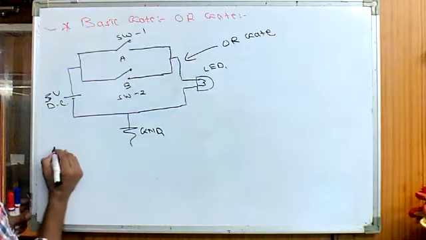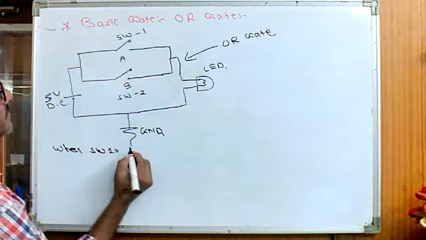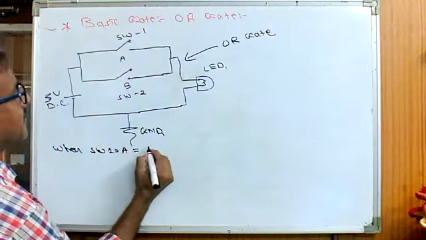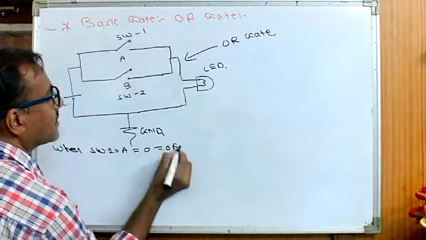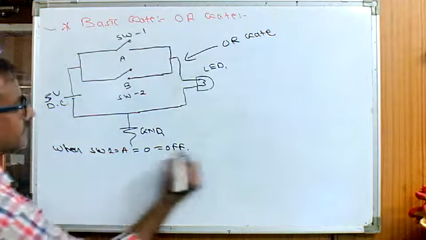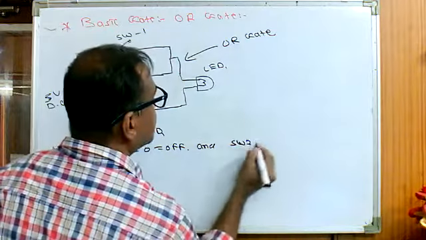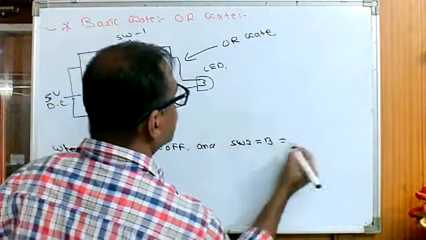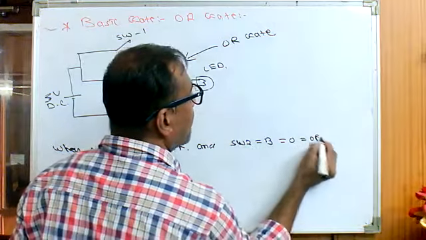When switch 1, A, is equal to 0, this switch is off. And switch 2, B, is also 0, meaning off.